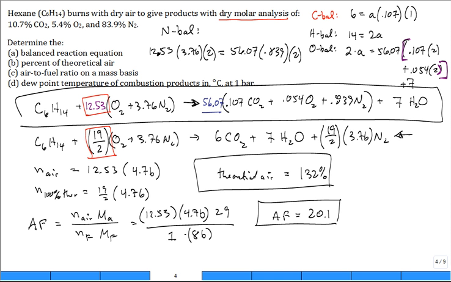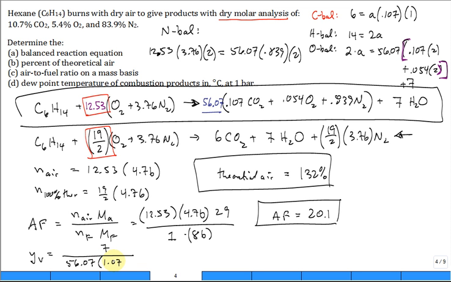it's at 1 bar? So the way you do it is calculate the mole fraction of vapor in the products. The mole fraction of vapor in the products would be the 7 moles of water, that's how many moles of water, divided by the total number of moles of everything, and you can calculate that by doing 56.07 times 1.07.